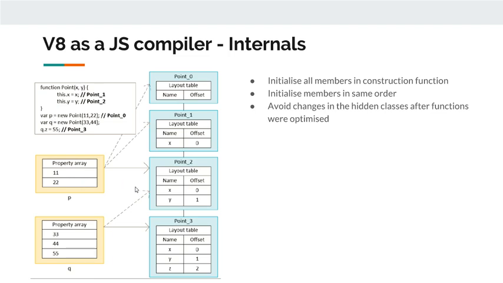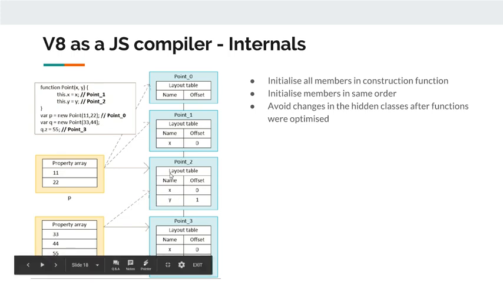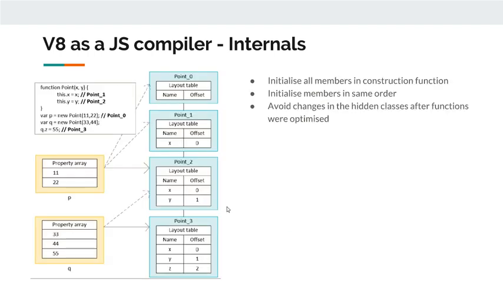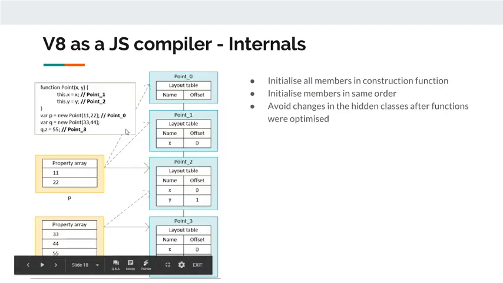Then we also generate q equal new Point. And as you can see, the layout doesn't change, so we also generate q based on layout 2, based on revision 2, which is Point 2 over here. But what happened with this third instruction here?